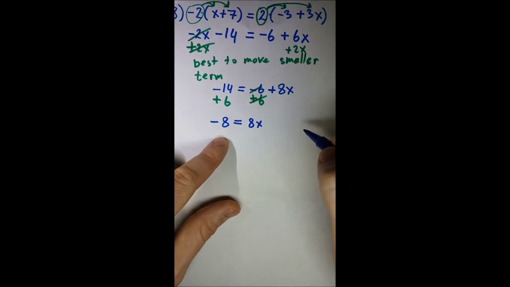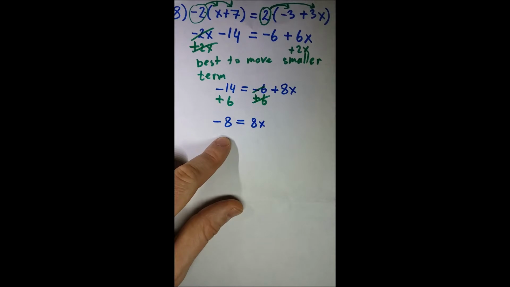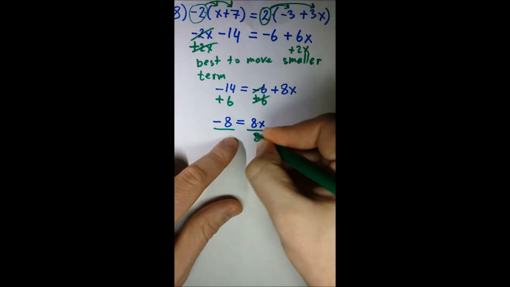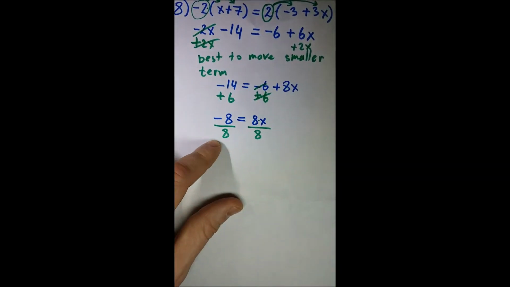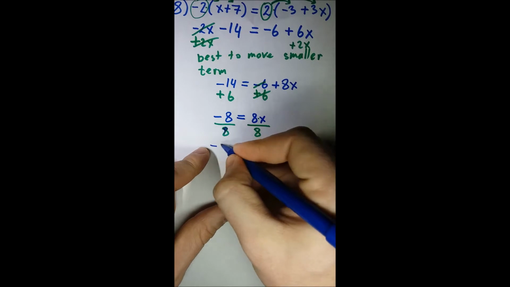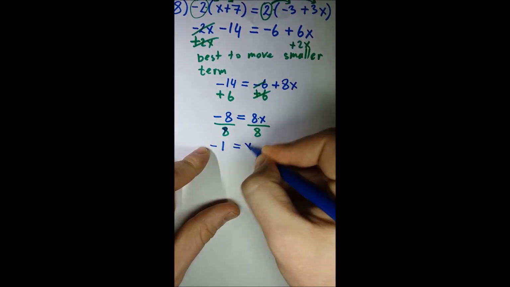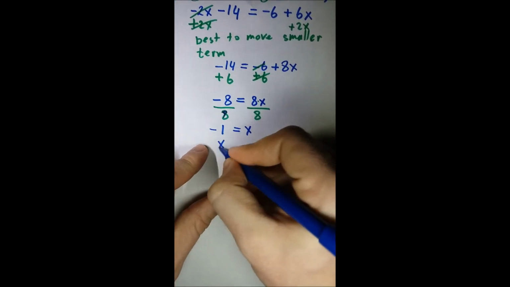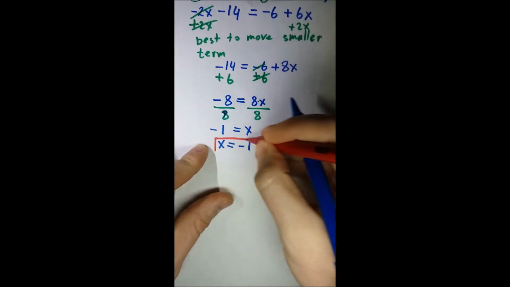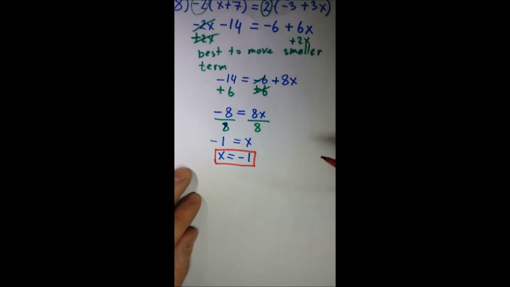Now we divide both sides by whatever is attached to the variable. The coefficient of x is 8, so divide both sides by 8. You get, oops, I made a mark here, negative 1 equals x. As an answer, we're going to write down x equals negative 1. Problem solved.